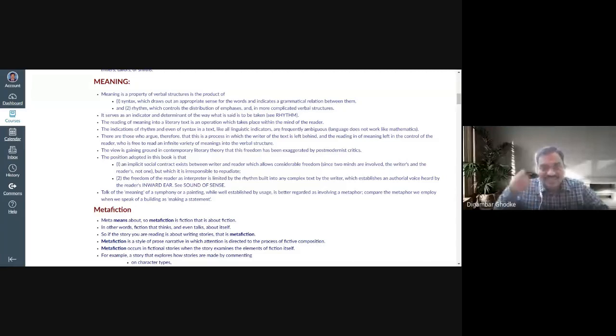Inward ear means what we hear in that particular poem. For example, when you read a poem, you think, yes, this is the rhythm. So it is a kind of sound of sense. Rhythm is a kind of sound of sense. We'll talk about that when we talk about sound of sense.